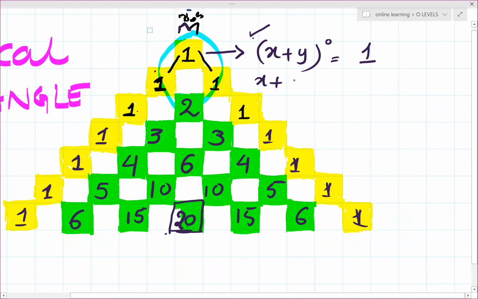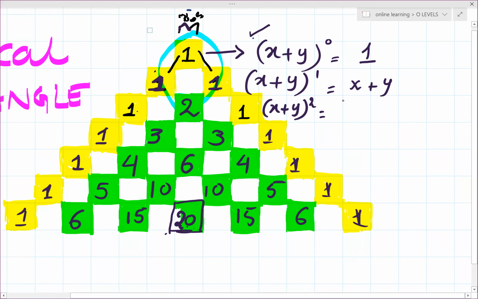Now move on to the second, with power 1. When you solve it, you get x plus y. So the coefficient of x is 1, and the coefficient of y is also 1.